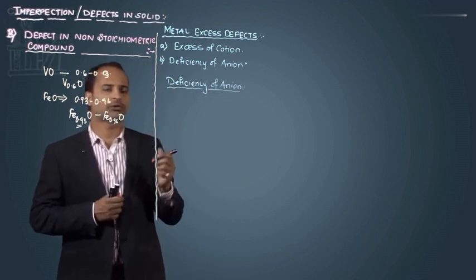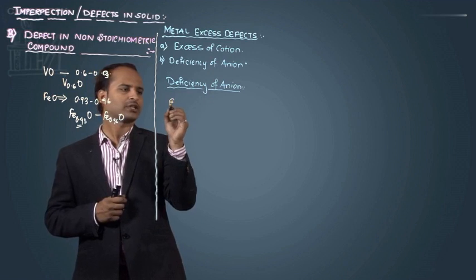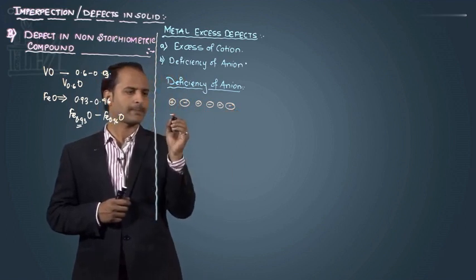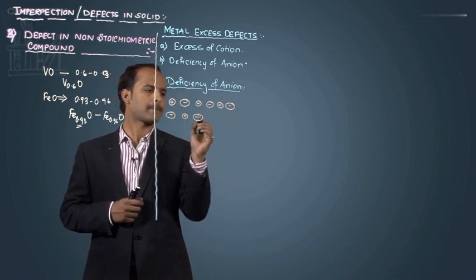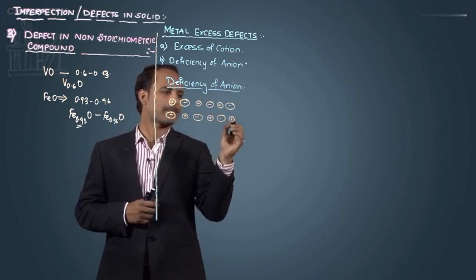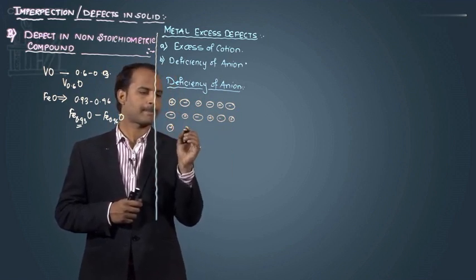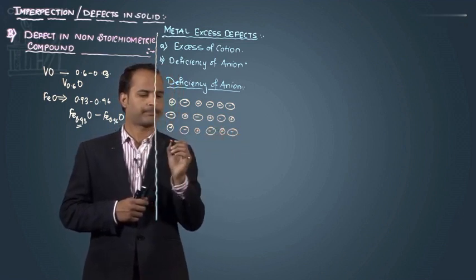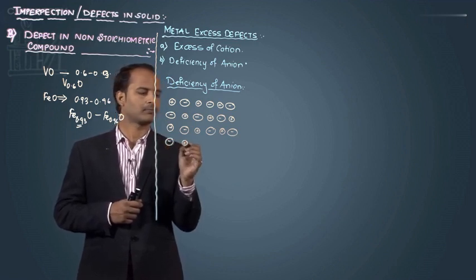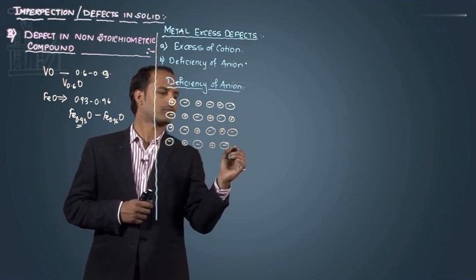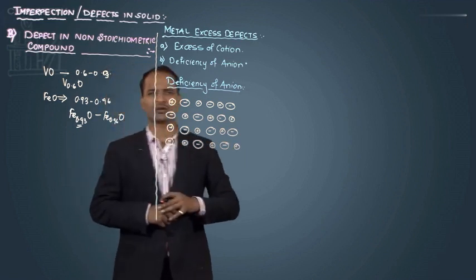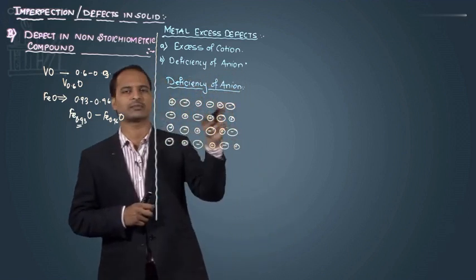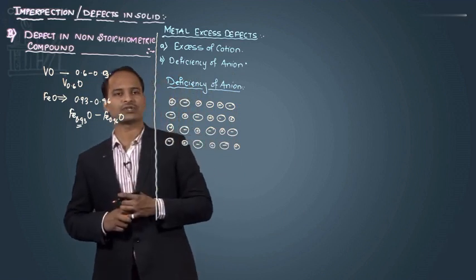Now I'm considering sodium chloride solid, which is an ionic solid containing cations and anions, Na+ and Cl-, in the ratio of 1:1.